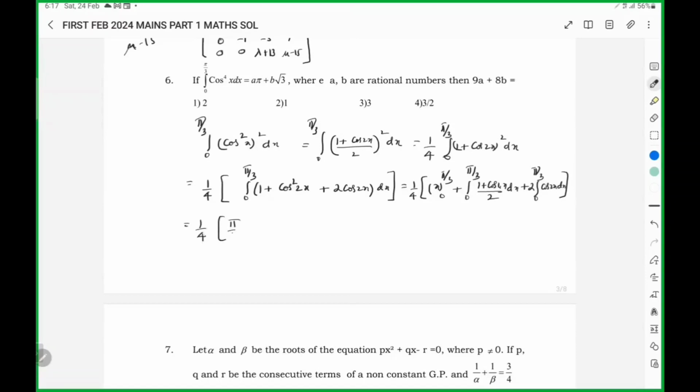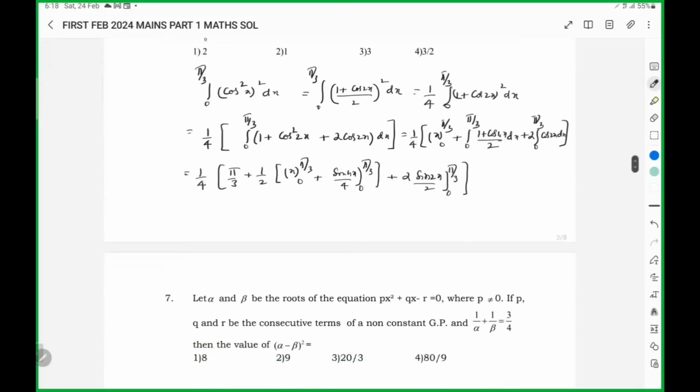Here it is pi by 3 integral 1 dx, integral cos 4x, integral cos 2x, and that gets cancelled out.